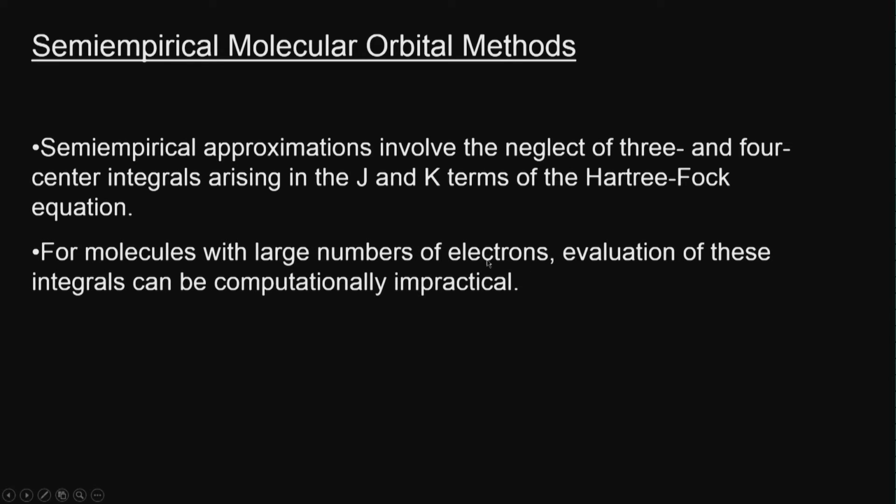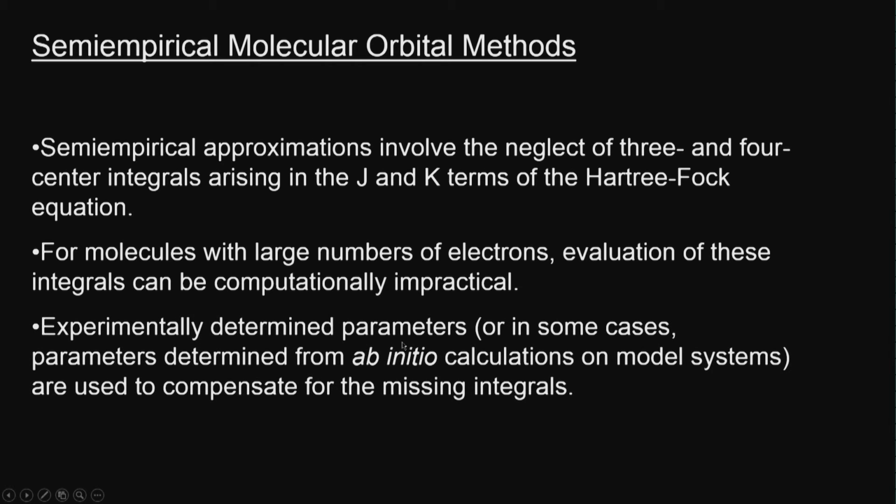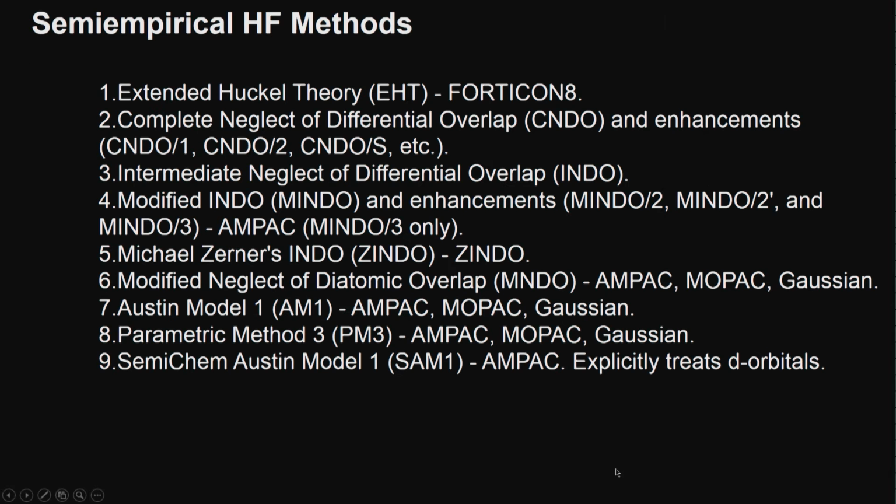For molecules with a large number of electrons, evaluating these integrals can be very computationally challenging. Experimentally determined parameters, or sometimes results from ab initio, compensate for the missing 3 and 4 center integrals. They can be obtained from measured or calculated ionization potentials, electron affinities, spectroscopy and so on.